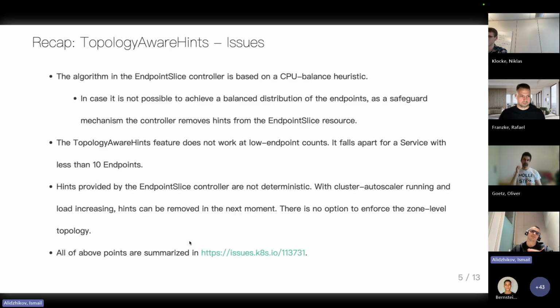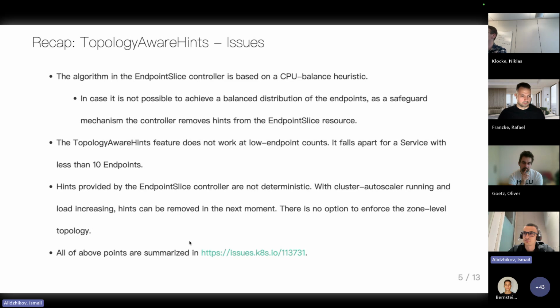Okay, so far we used the Kubernetes feature called TopologyAwareHints to implement TopologyAware routing on our side, but this feature has several issues. The first one is that it's conceptually based on a CPU balance heuristic.